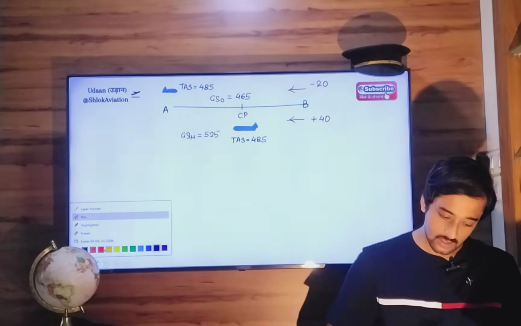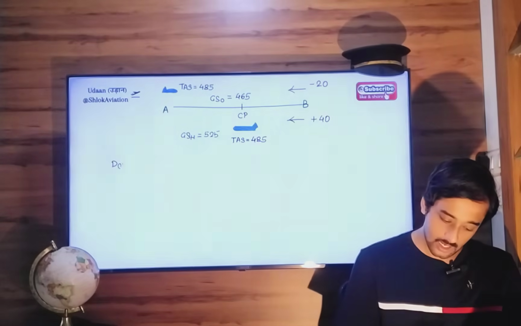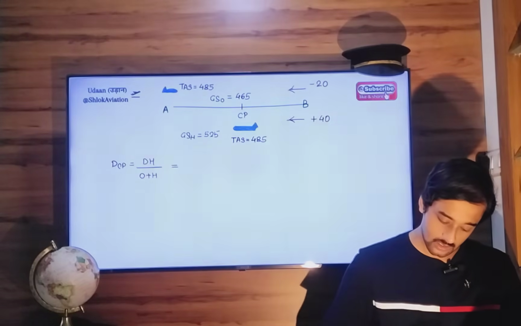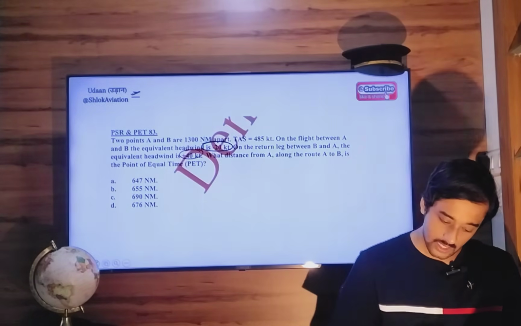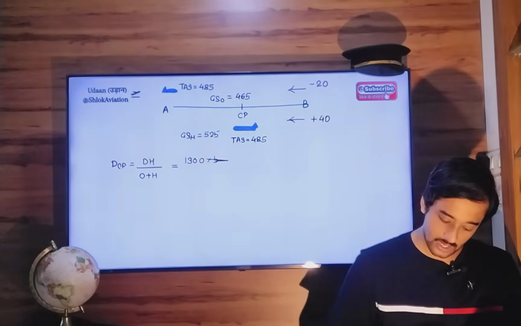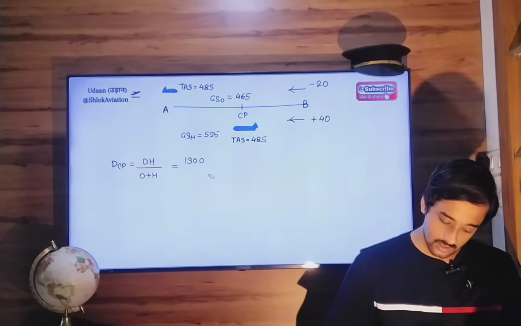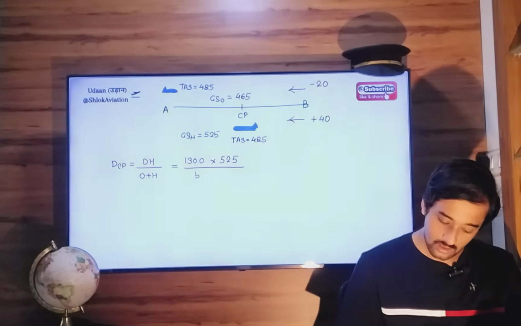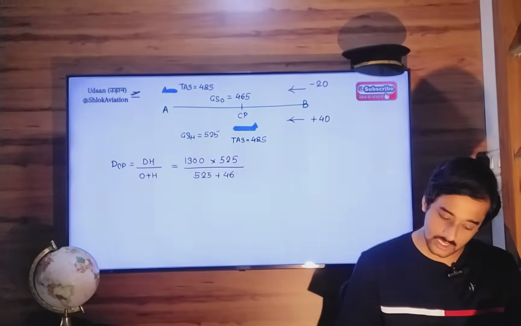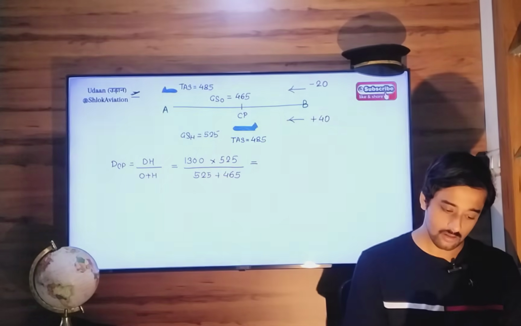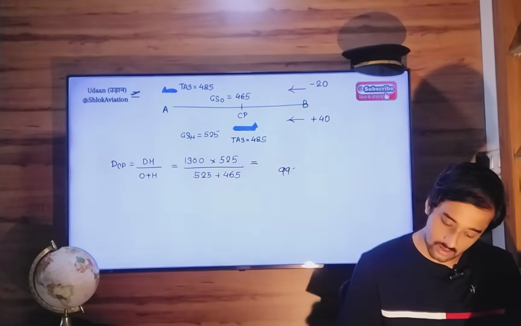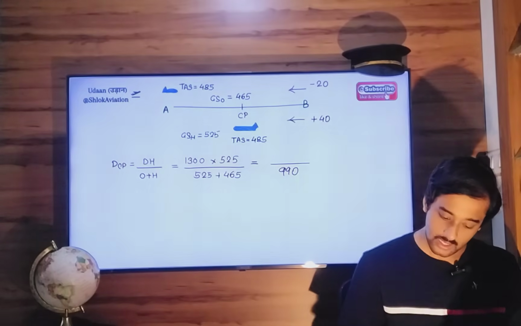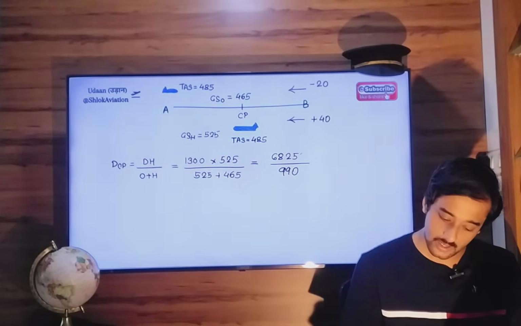Now, distance to critical point will be DH upon O plus H. So D 1300, H 525, divided by 525 plus 465 is equal to 682,500.